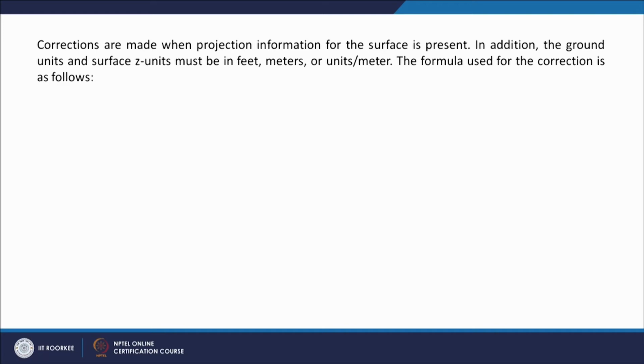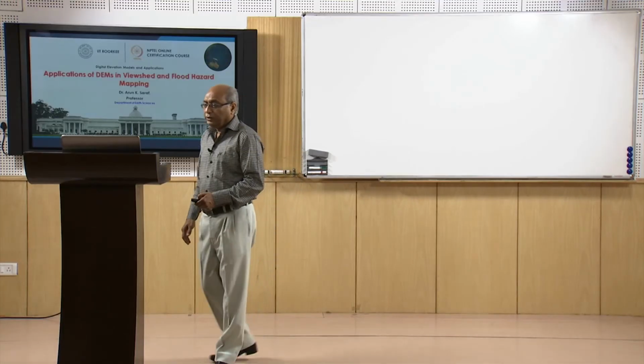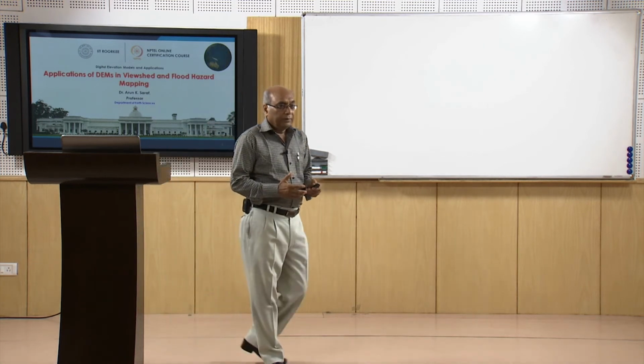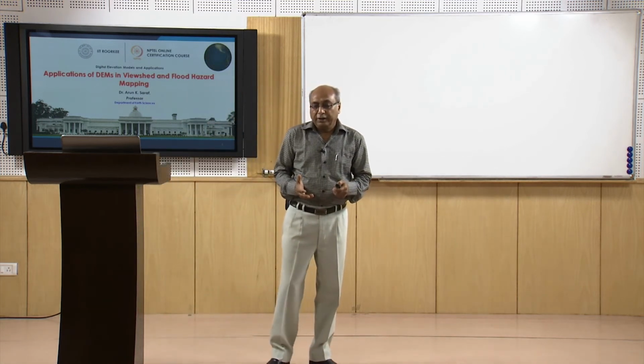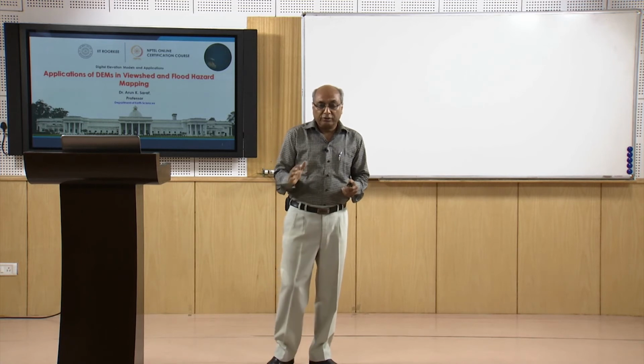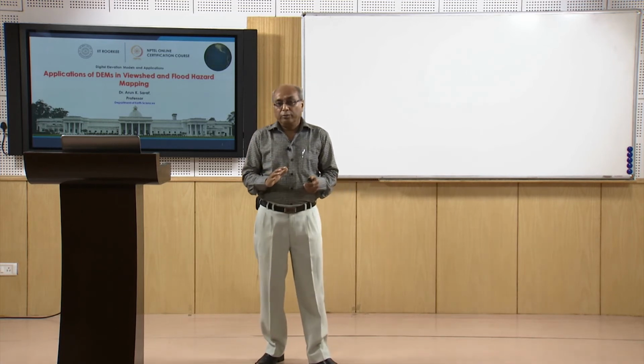So, corrections are made when projection information for the surface is present, and that means that the digital elevation model has to be projected in some map projection. If it is just in decimal degrees, non-projected, then such corrections of earth curvature and refraction cannot be incorporated.